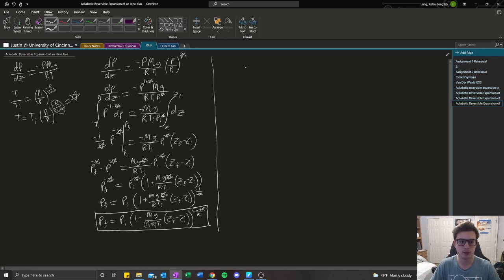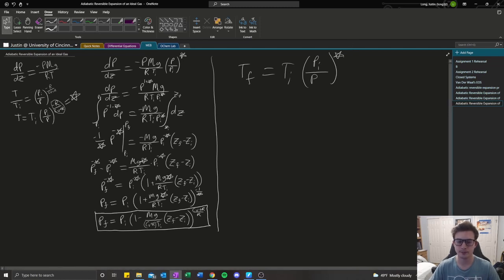Alright, so we want the final temperature. Well, looks like I added, no, that's right, temperature final, we want that to be equal to the initial temperature times the initial pressure over the final pressure to the star power.